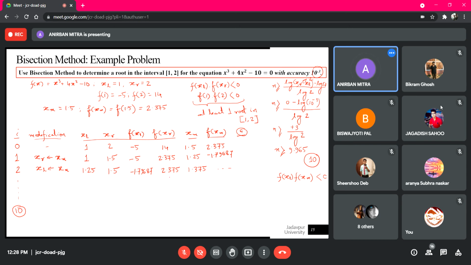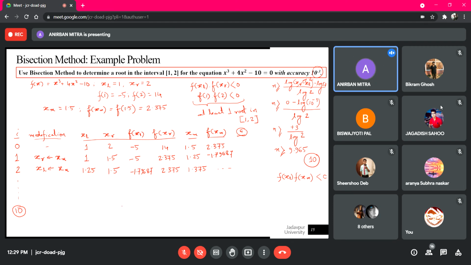So you can see that we are approaching the solution, but in quite a slow manner. So that is one of the disadvantages of the bisection. But it surely is going to converge to that value, because in each of the iterations, the search interval is reducing by half. In fact, I can tell you what the exact root of this equation is.